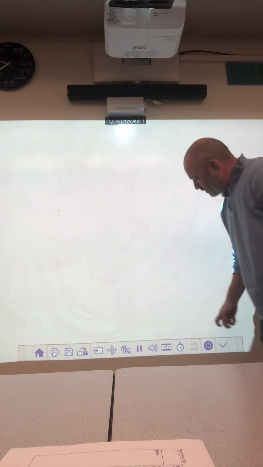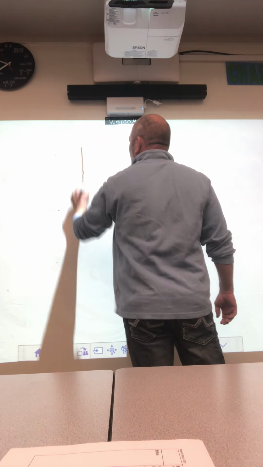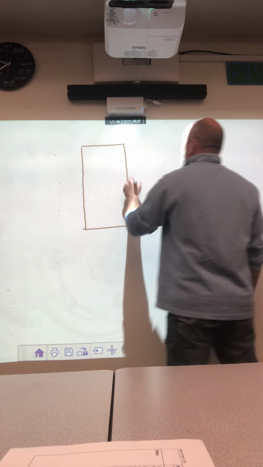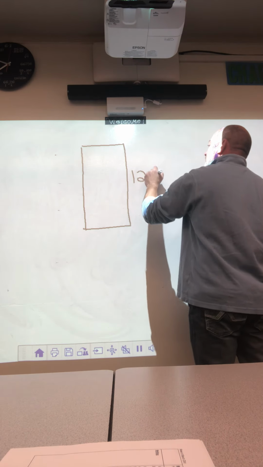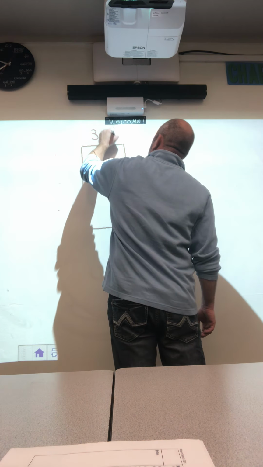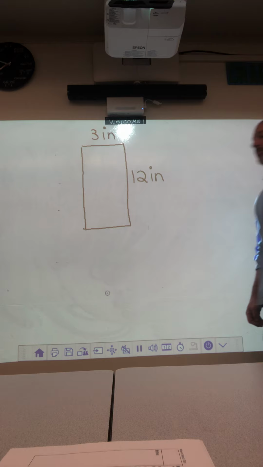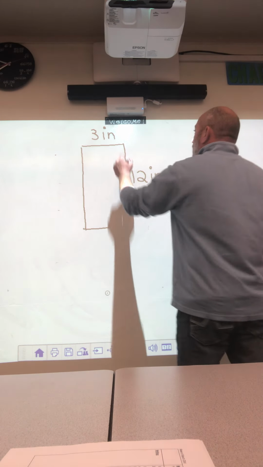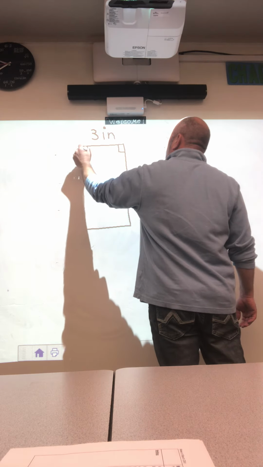Let's try another one. So go ahead and draw this rectangle, boys and girls. This one, we're going to make 12 inches, and that 3 inches. So again, we have a rectangle. Remember, in a rectangle, we have 4 right angles.